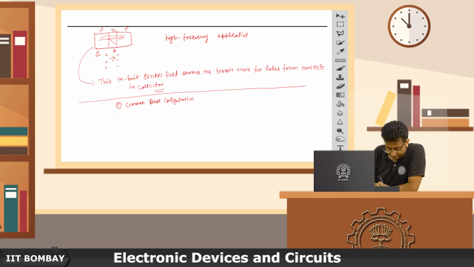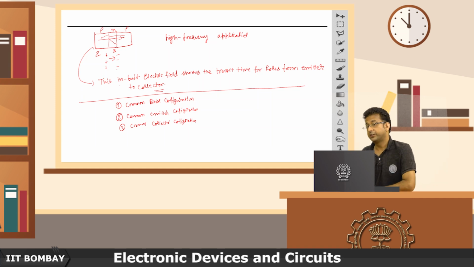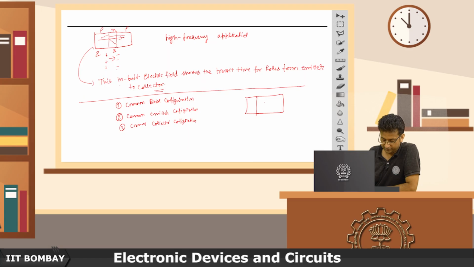Now we are going to discuss common emitter and common collector configurations. Since this BJT, or bipolar junction transistor, is a 3-terminal device, it has three terminals: emitter, base, collector.